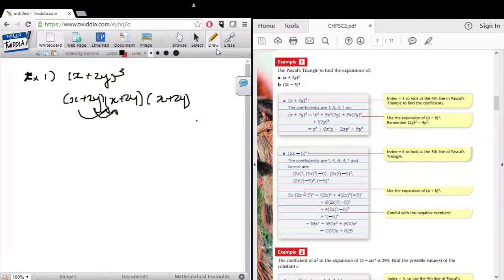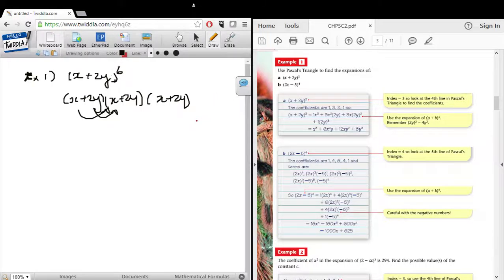And in an exam, if you're asked to use Pascal's triangle, or sometimes not even asked to use Pascal's triangle, but you're given a question, and this could be, for example, to the power of 6, they don't expect you to go through this particular method.